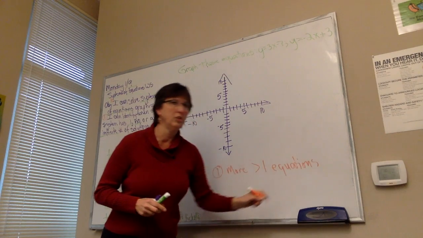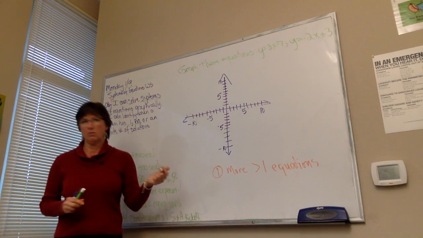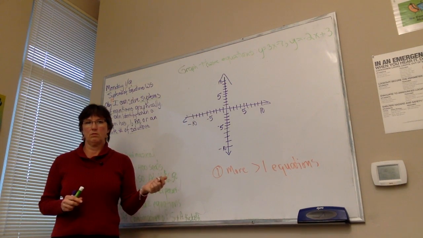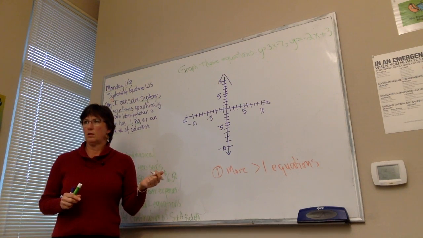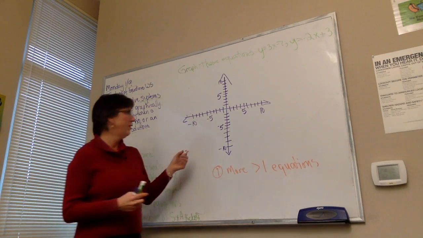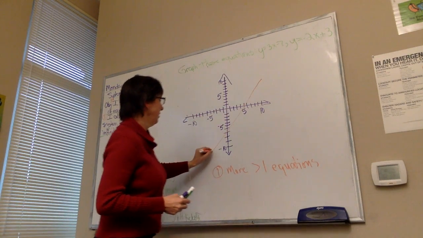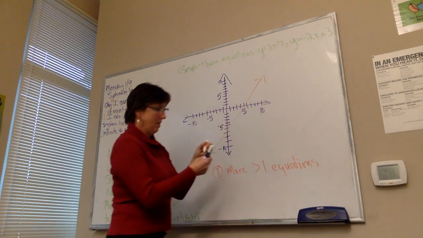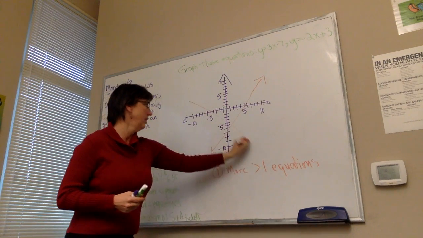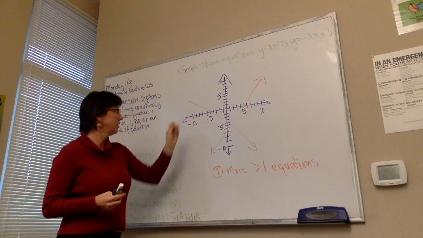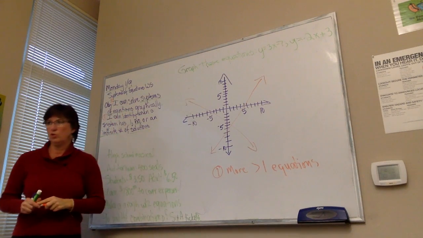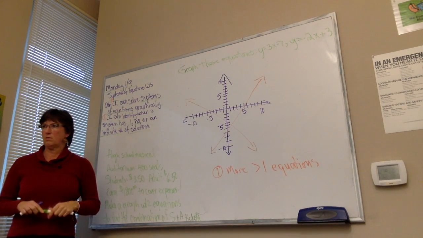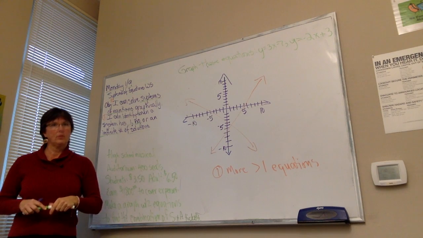What does a solution look like when we're graphing? Solution. Oh, so like the line? Yeah, so if I draw a line that looks like this, and I draw another line that looks like that, where's their solution? Where's the answer?